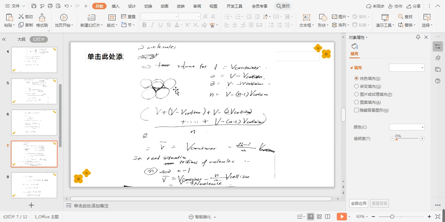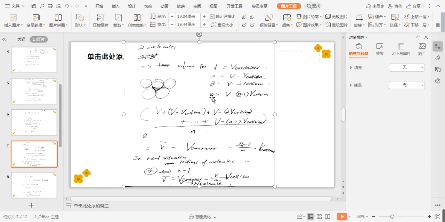So you can understand that this blank is just a waste. So the first molecule has V container, the second has V minus V collision, and we find a rule. When the nth molecule enters the container, it is V minus (n minus 1) V collision.